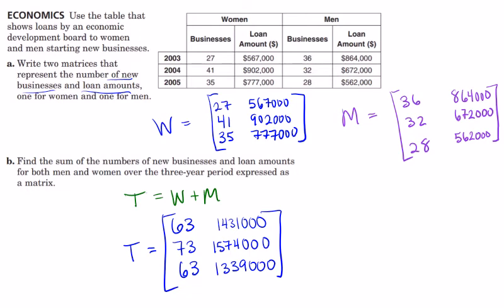So anytime you want to organize information, a matrix is a good way to do it. A lot of it is done on the back end with computers and databases. We don't operate with matrices a lot in the real world on a day-to-day basis, but they're going on behind the scenes more than we know for sure.